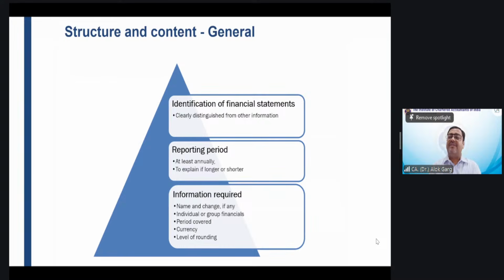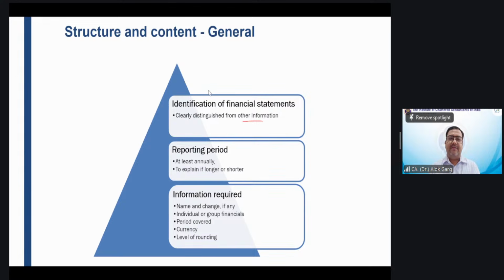Friends, this standard says that the financial statement has to be clearly distinguished from the other information. Have you seen any annual report? Yes or no? I'm just asking a question. I'm not saying have you read any annual report.